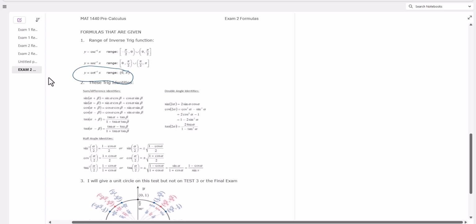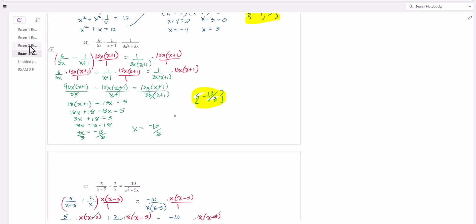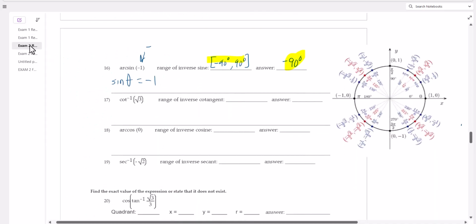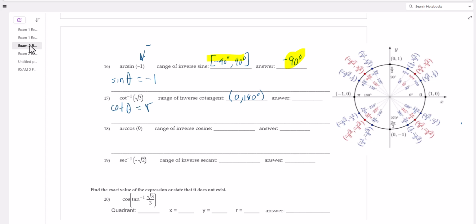So on this one, the range is 0 to 180 degrees if we're dealing with degrees. The meaning of this problem is cotangent theta equals square root of 3. Again, we're looking for where the ratio x over y is equal to square root of 3.